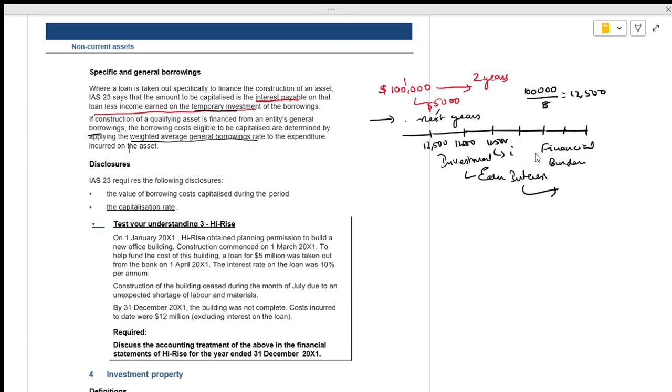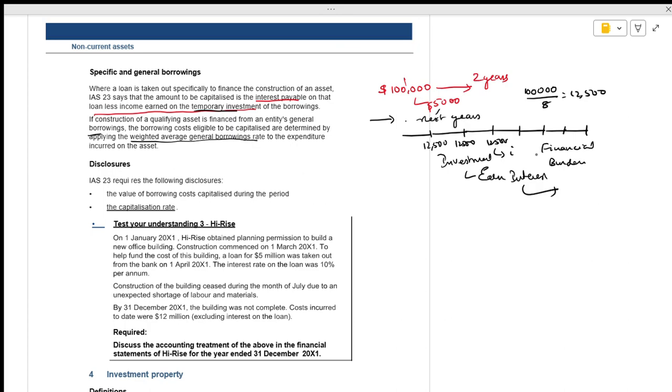If it is general borrowing, you will have a pool of assets and a pool of borrowings, and we cannot take one; we will take the average. Assume you are borrowing in different terms, then you will take the average rate.